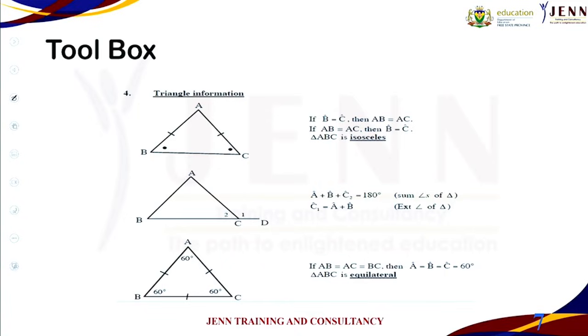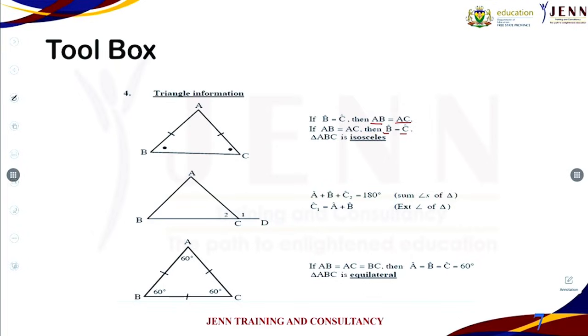However, you know that angle B is equal to angle C. Then it simply means side AB will be equal to side AC. And then if AB is equal to AC, then angle B is equal to angle C. So now that simply means triangle ABC is an isosceles triangle.